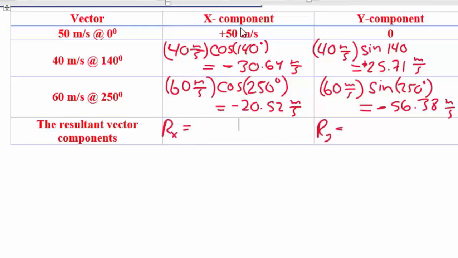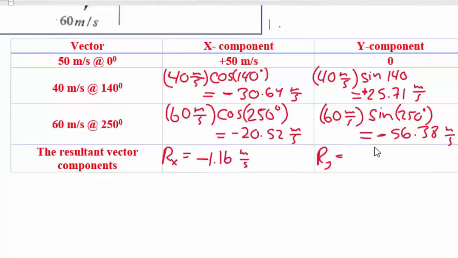Now we'll add 50 to negative 30.64 to negative 20.52, and this will yield negative 1.16 meters per second, while the y component of the resultant vector will be negative 30.67 when you add the 25.71 to the negative 56.38.